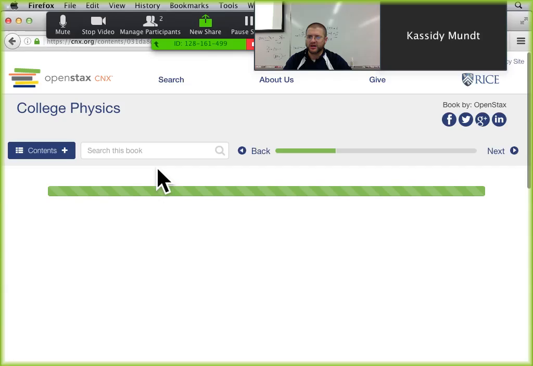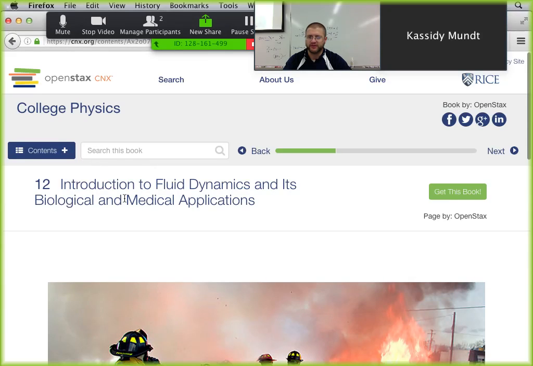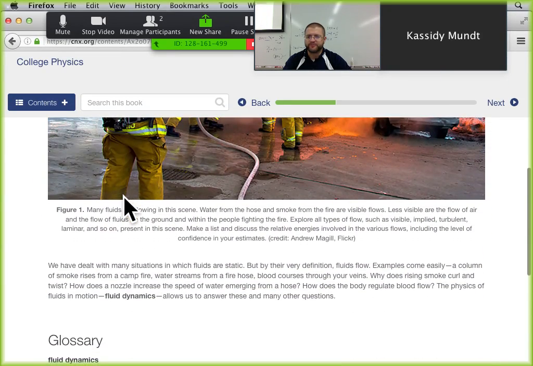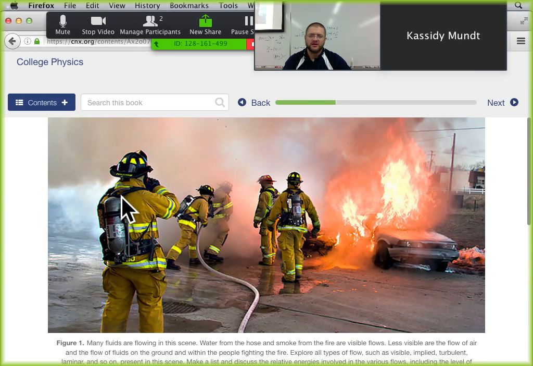Okay, so flowing fluids now, fluids that are moving, and I like that they use a fireman picture here with the fire hose. I wish they would have shown the stream of water actually coming out. Have any of you ever been hit by water from a fire hose? It's pretty intense. That stuff is coming out fast.